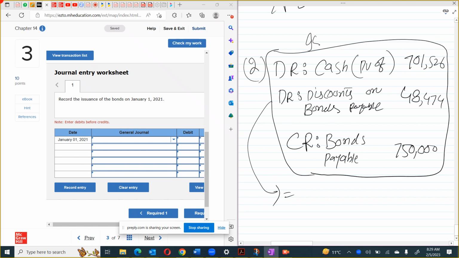I give you a tip. When you start the preparation or revision, record the important entries. What are the important entries? Journal entry at issuance, journal entry at maturity, and journal entry during the life of bond.